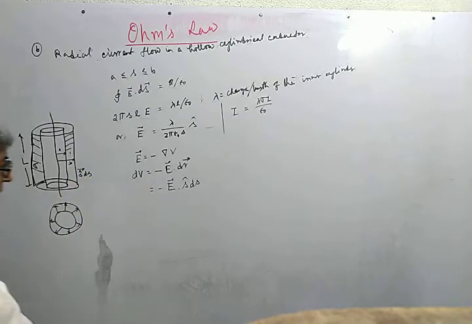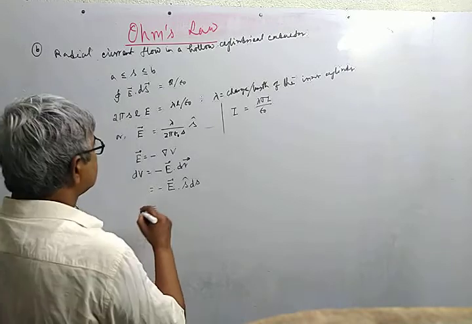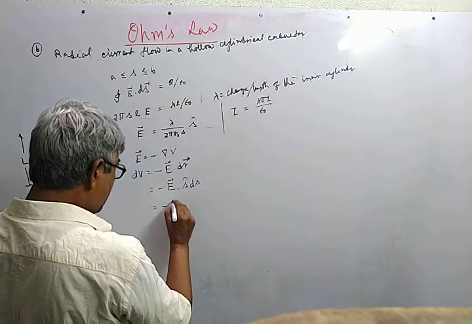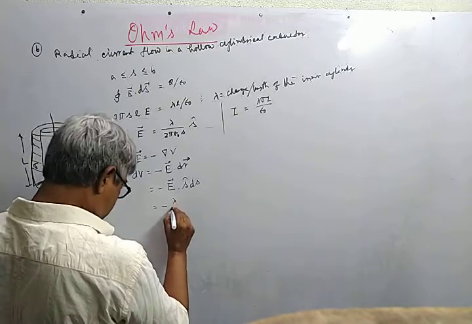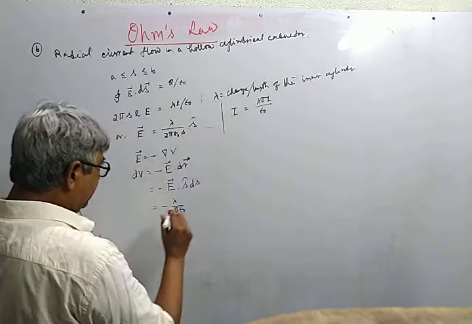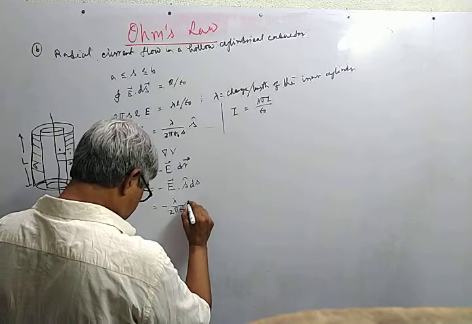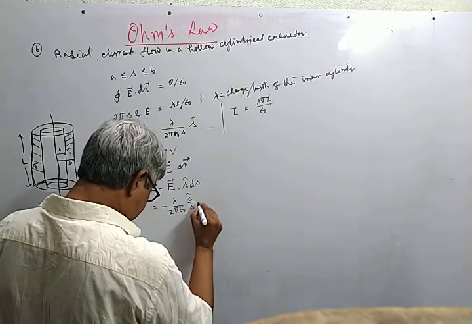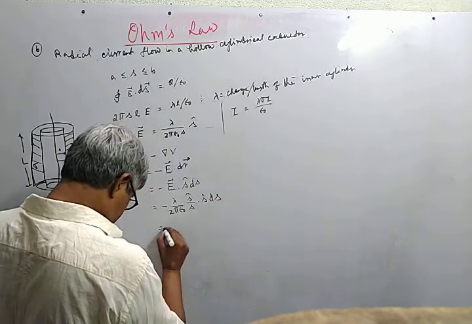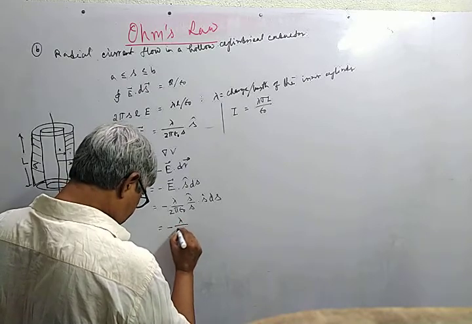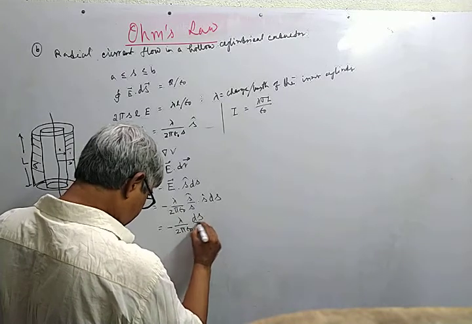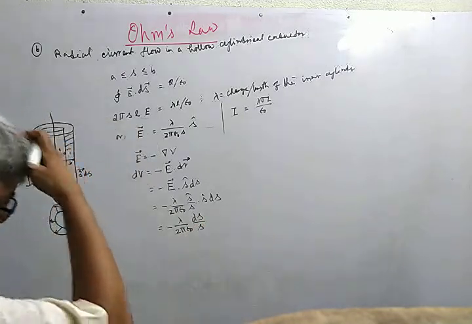So this is written, and for E we write, E is governed by this, lambda upon 2 pi epsilon 0 s cap by s, dot s cap ds. So the result is minus this, the expression for dV.